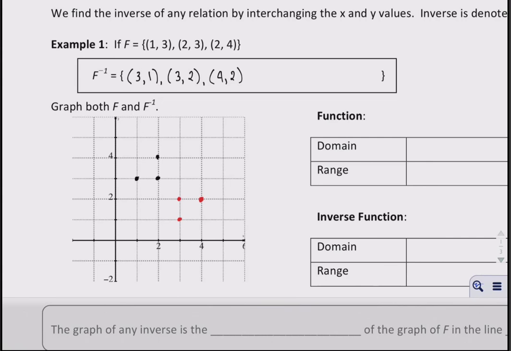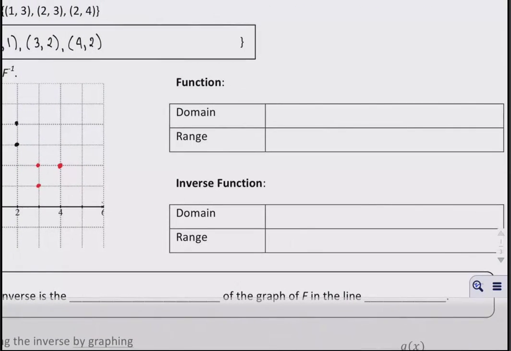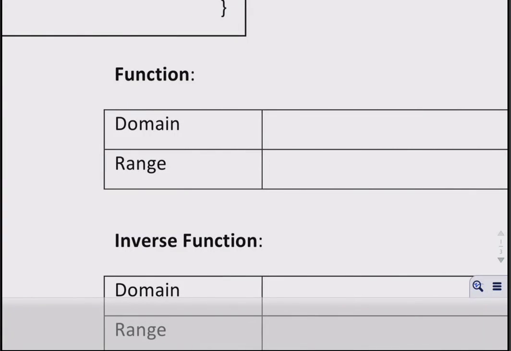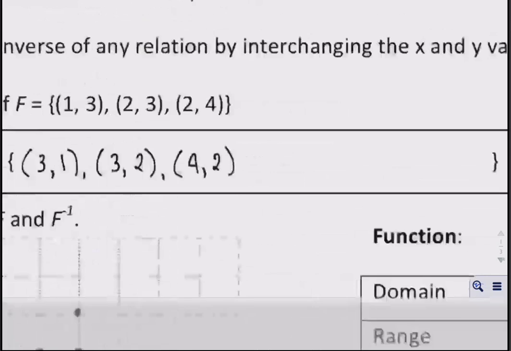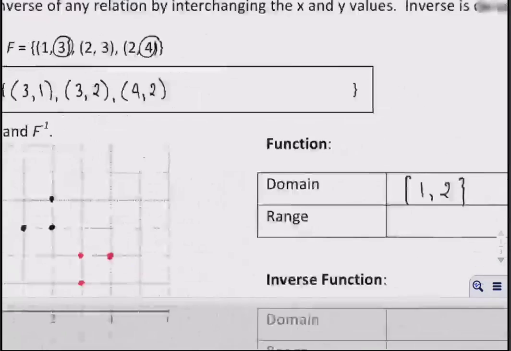Let's look at the domain of the function. The domain is just the first coordinates, so 1 and 2. The range is the second coordinates. In this case, I'm looking at 3, and we don't take repetitions, 3 and 4.